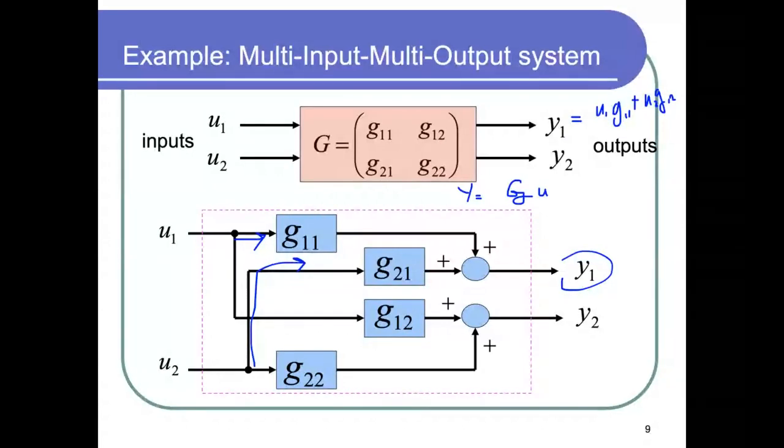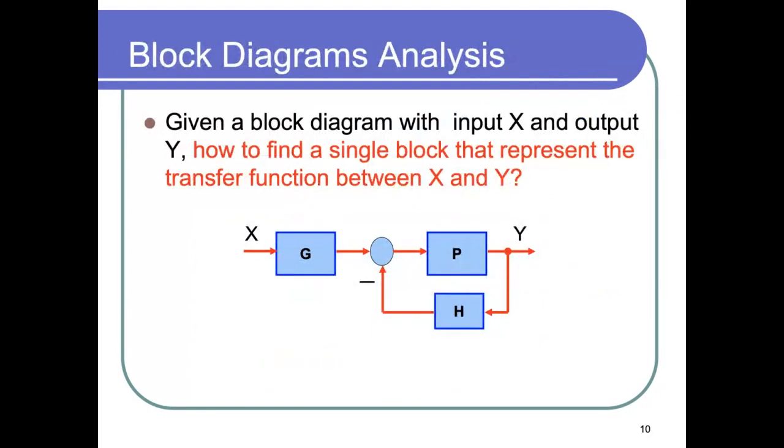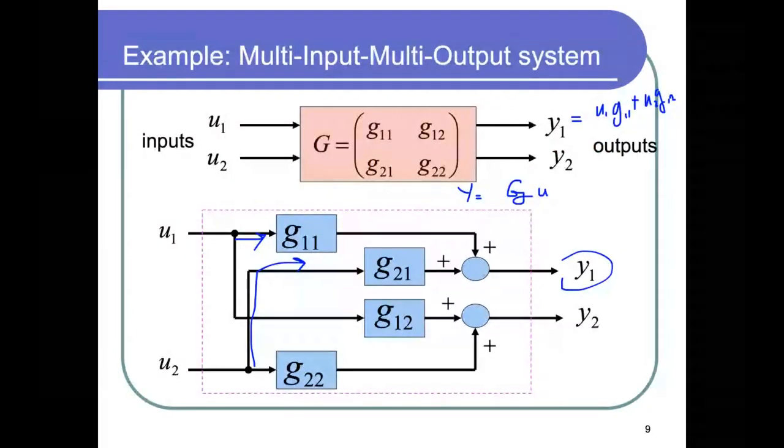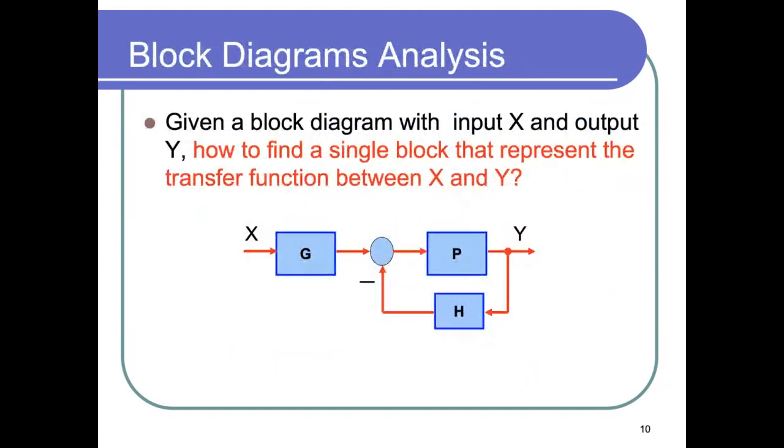And this block diagram with the dashed purple line represents the entire block of the system G. Now, usually we'll have single input, single output systems, but we're showing you this example just to elaborate that you can even capture multiple input, multiple output systems.